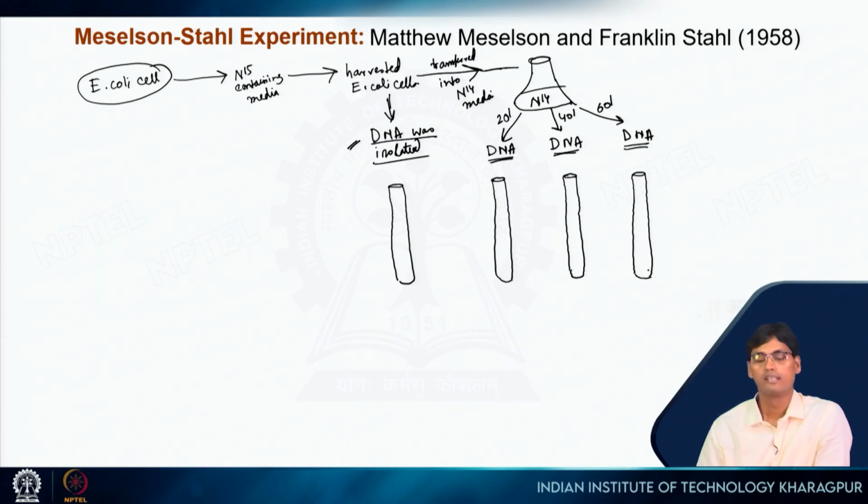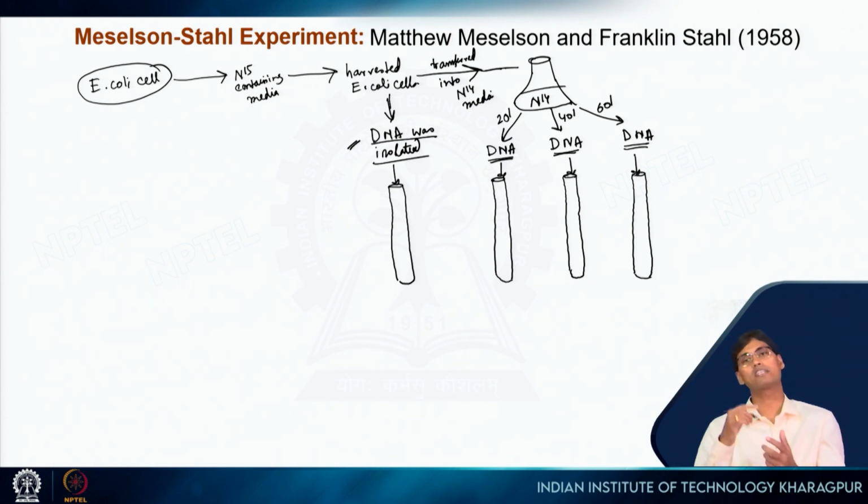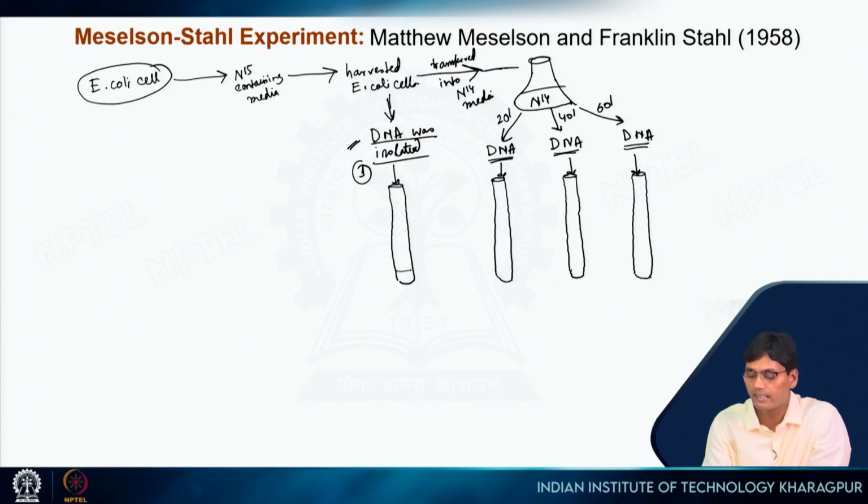They loaded this DNA sample in this tube, and they centrifuged for a long time, as I discussed during the last slide. And they observed that in this first tube, tube number 1, they found that the DNA band settled somewhere here.